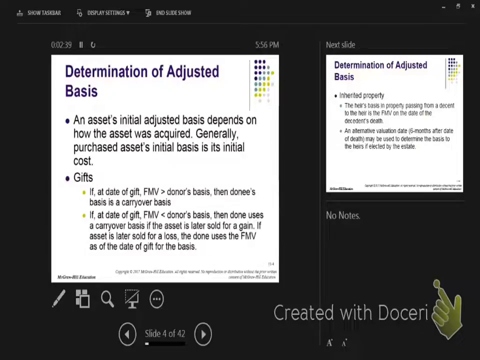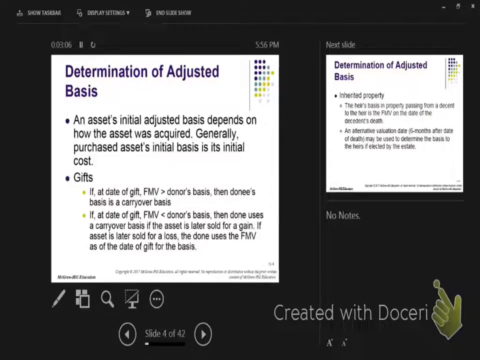So when we look at the adjusted basis, another thing we got to look at is gifts. We got to look at, okay, what is the fair market value at the date that we got it, and is it greater than the adjusted basis of the donee?